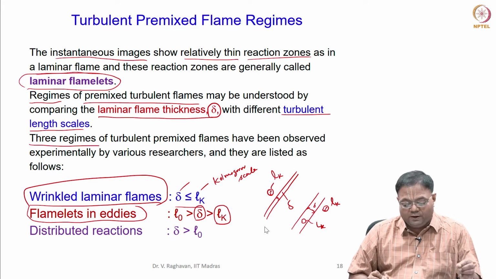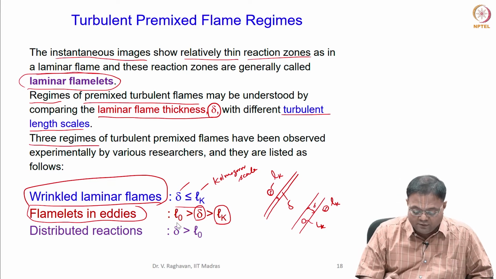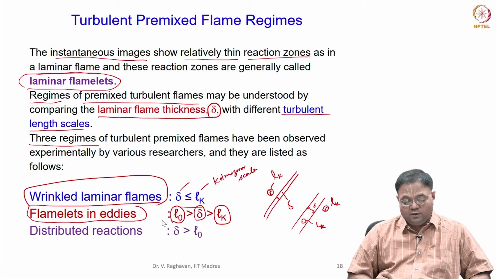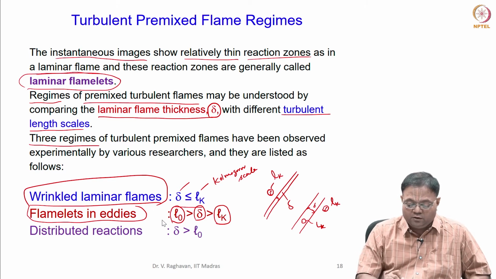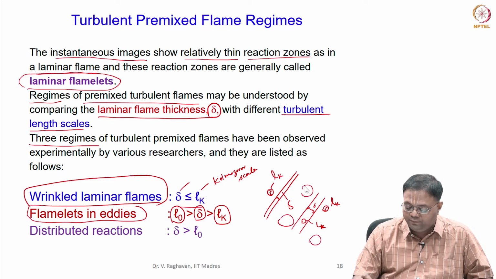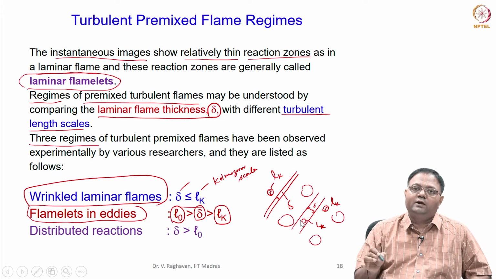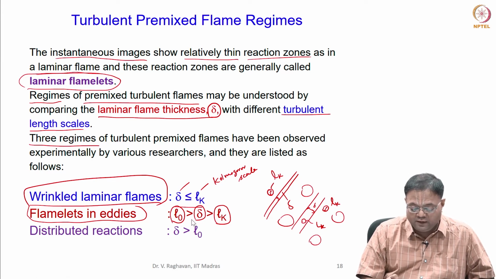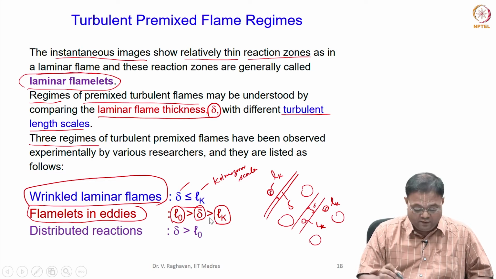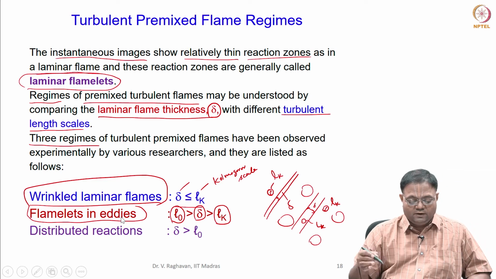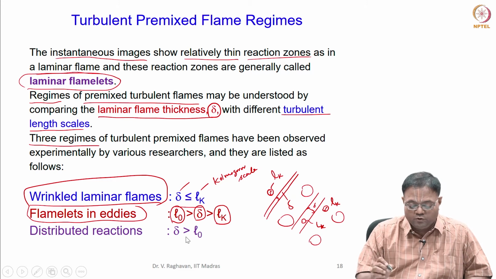The smallest eddy can penetrate into the flame, but the turbulent integral macro scale cannot penetrate. That means a lot of bigger eddies still remain outside. So this is the regime where L0 is greater than delta, which is greater than LK. That will contribute to what is called flamelets in eddies. Let us see later how it will look.